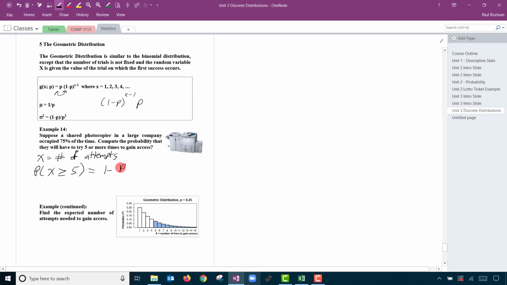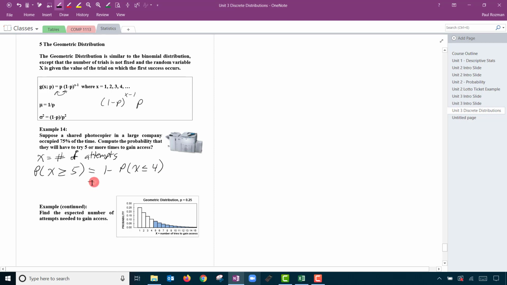Or do the complement. The opposite of 5 or more is 4 or less. Again, because it's discrete. I mean, this isn't true of all math. In the continuous case, we wouldn't write this. But it's very important to get this number right, because this is the number that you plug into formulas in Excel. So if you put in 5 into your Excel formula here, you get this problem wrong.